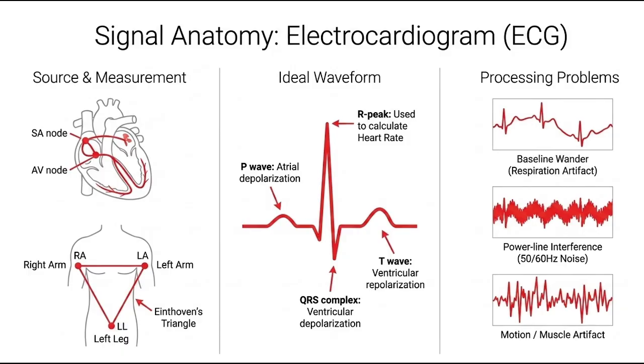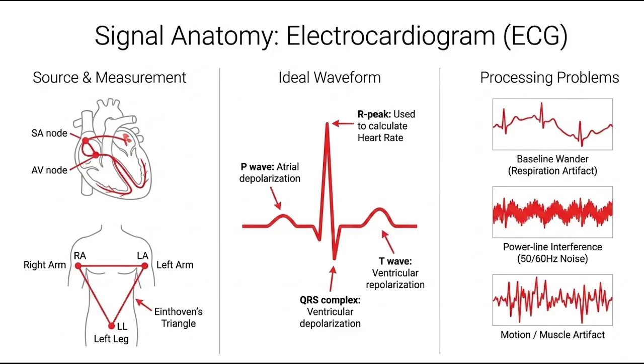So the problem will be your P wave. The P wave that represents the atrial depolarization will be removed or you cannot see it. And most importantly, the noise will be so much that you cannot distinguish between a normal ECG and the actual noise. So it is very difficult to filter out the power line. Why power line?